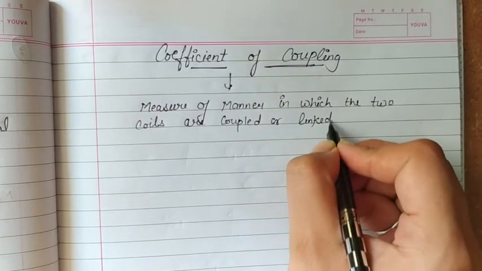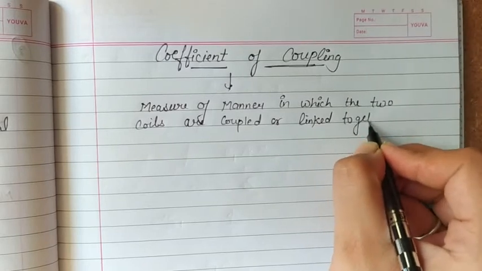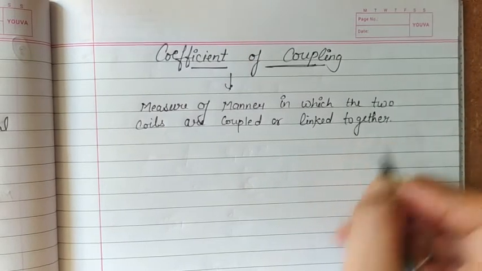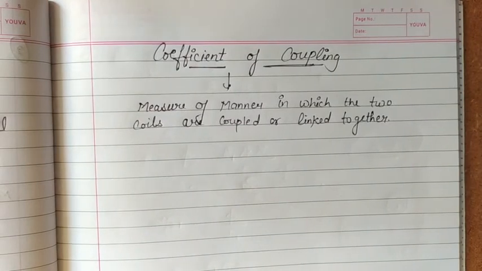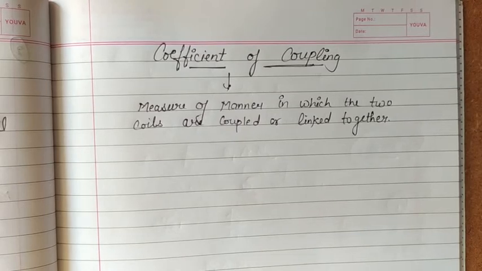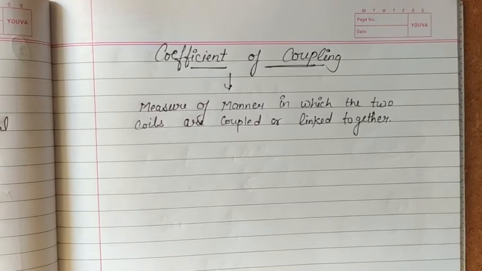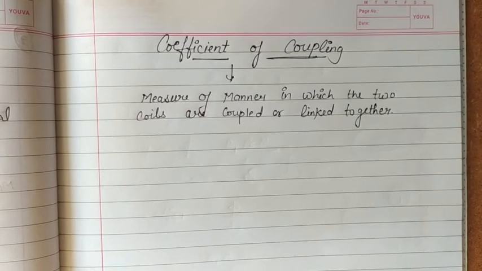Coefficient of coupling tells us how closely these two coils couple together, and if they are coupled quite close, then their mutual inductance is also high, because the value of magnetic flux linked with the two is also high, right? So coefficient of coupling gives us an idea how the two coils are coupled together.